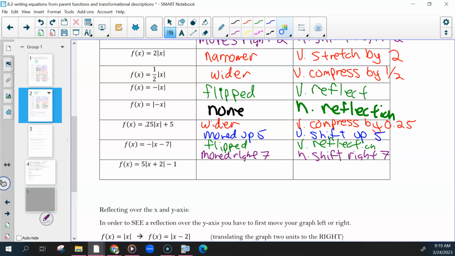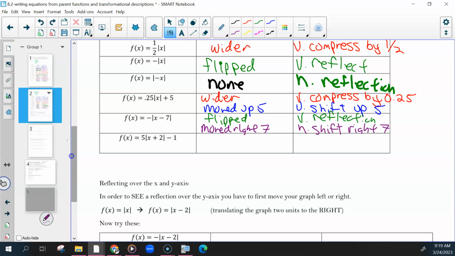And the next one. Was this one flipped? Are there any negatives in front of the x or in front of 5? No. So not flipped. Got narrower.